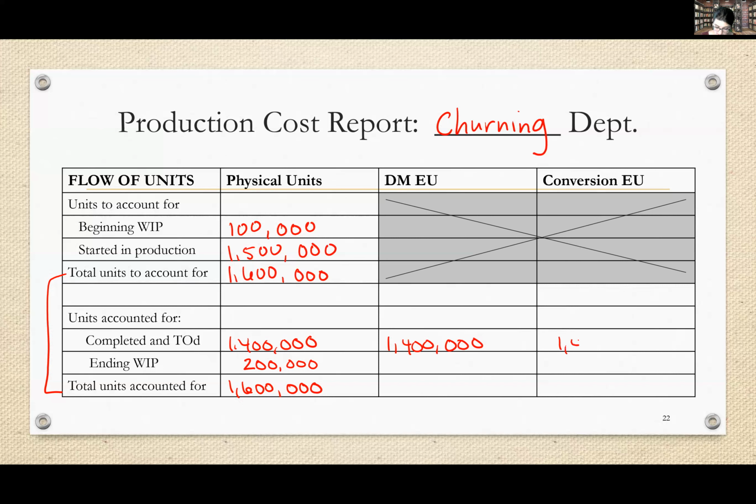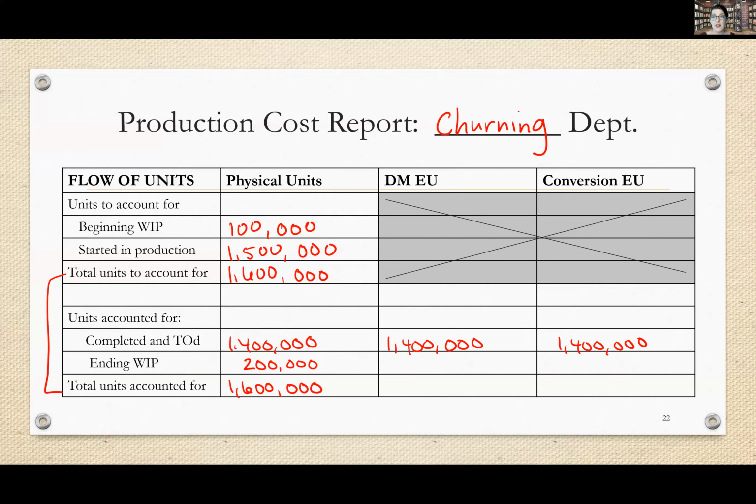But my ending work in process inventory is still here, and if it's still here, it's not done. If you recall the information given to us, this is where we look at two different equivalent unit percentages of completion. In the churning department, the cream and the salt are always added at the beginning of the process.